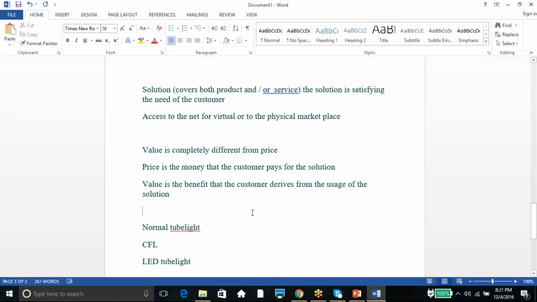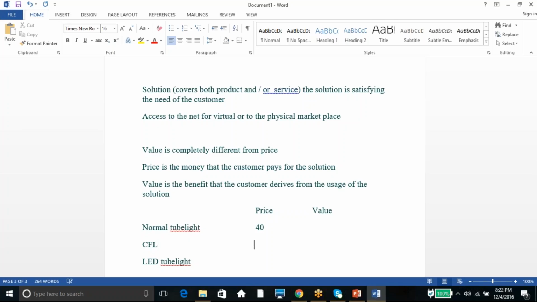Can someone help me with what the pricing is? So a normal tube light will be 40 rupees.